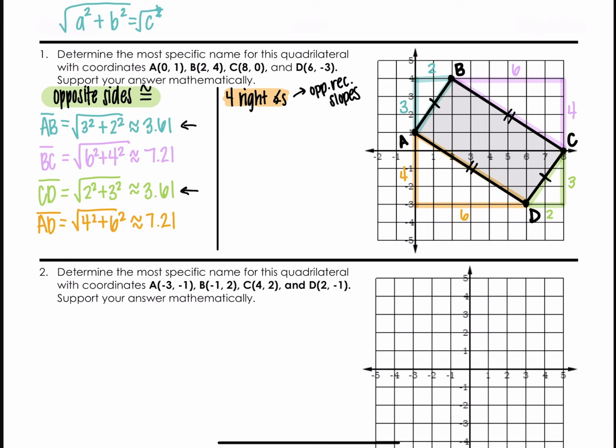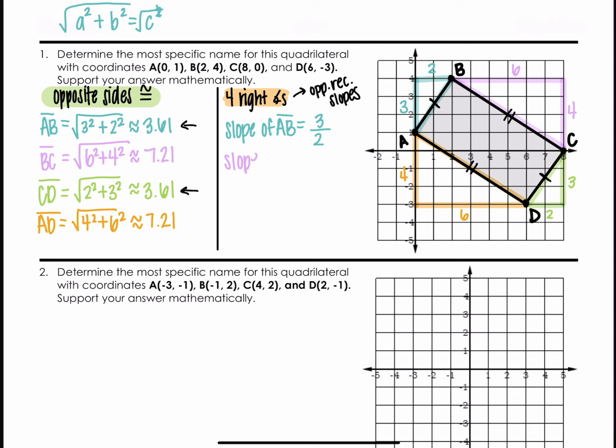So let's do this. Let's find the slope of AB. Remember, slope can just be my rise over my run. We don't have to use the full formula since we have a graph. I went up 3 and over 2. Notice that this line is increasing over time, so it does make sense that my slope is positive. So it's 3 over 2. I want to find the slope of BC.